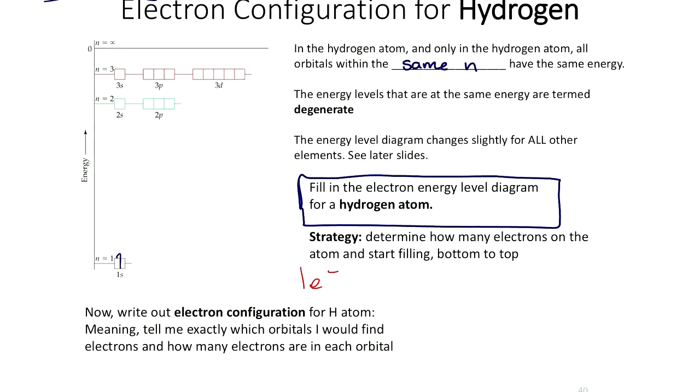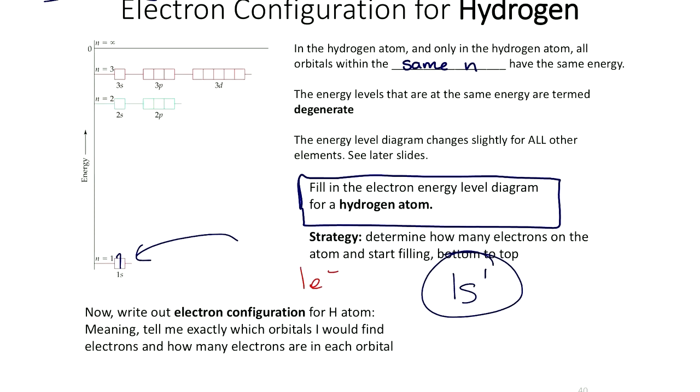So we follow Aufbau's principle. We can also write the electron configuration, basically telling the reader exactly where we're going to find electrons. So I want to tell the reader where I put that electron. I'm going to say we have that electron in a 1s orbital, and there's 1 electron in there, so I use a superscript 1. That is the electron configuration for a hydrogen atom.